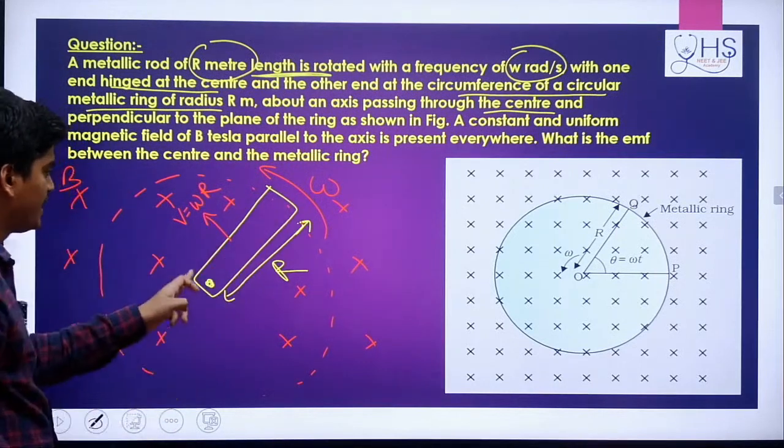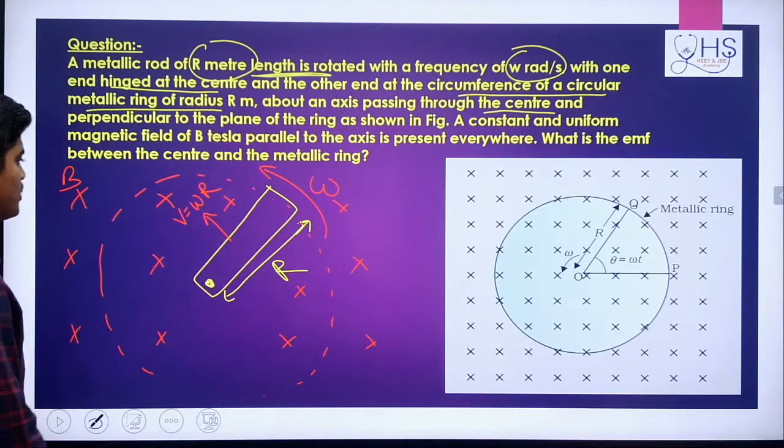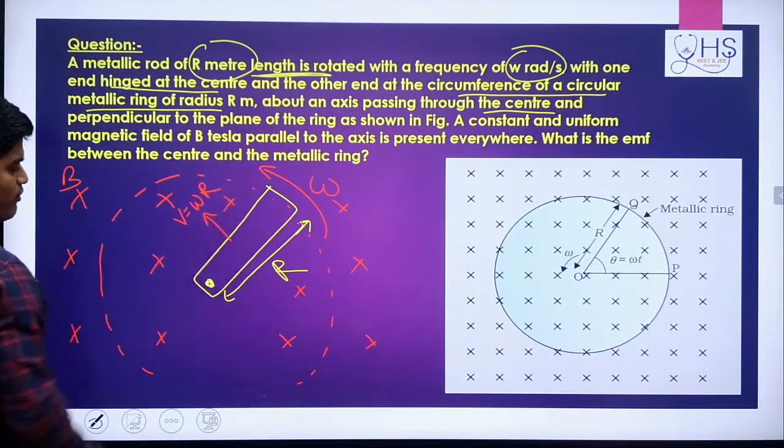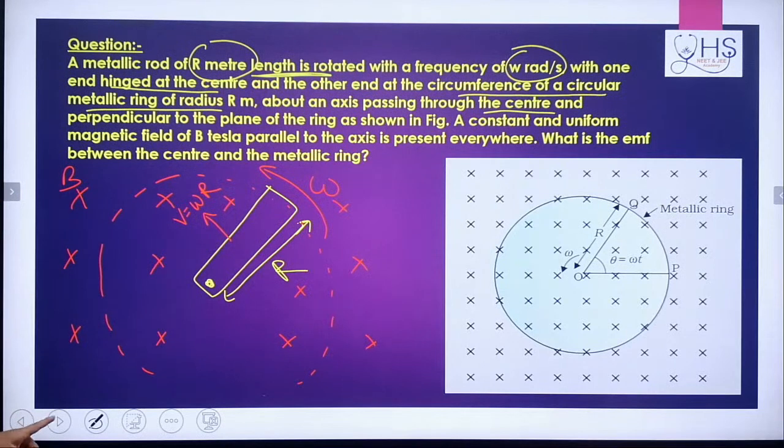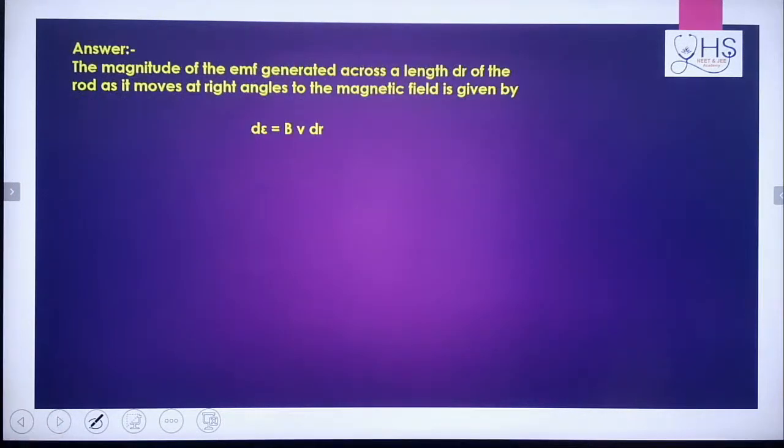Each and every point moves with a certain velocity V, depending on which point you are taking. The length of the rod is R, and the center of the circle is O.